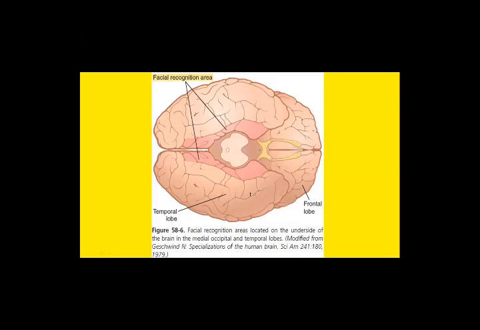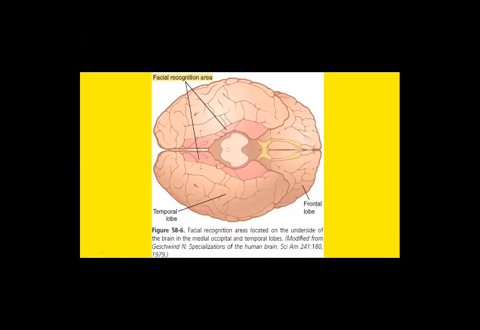Correction, this is the frontal lobe, this is the temporal lobe. And here you can see this red shaded region located over the inferior surface of the parietal lobe as well as the occipital lobe. This is the inferior surface of the occipital lobe, as well as some portion of the inferior surface of the parietal lobe.